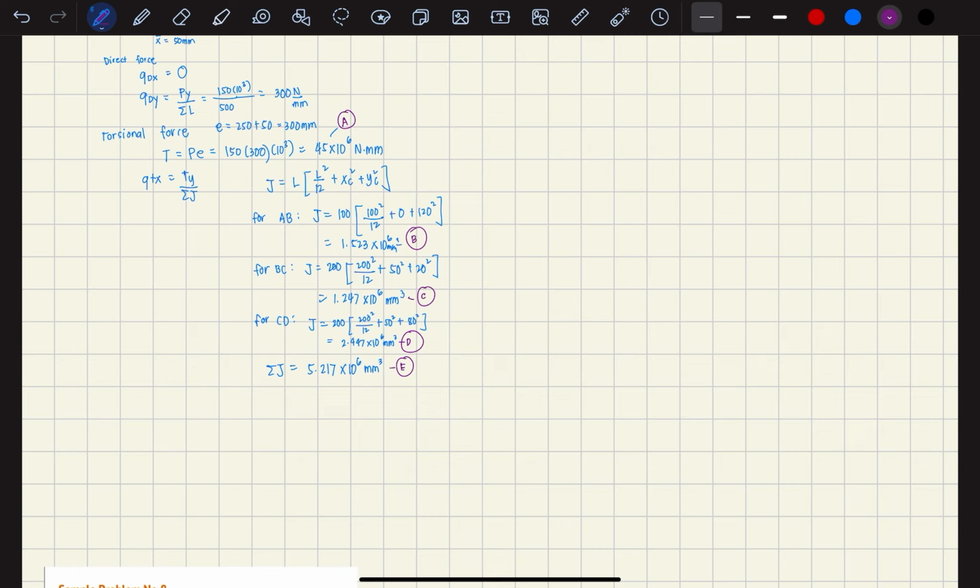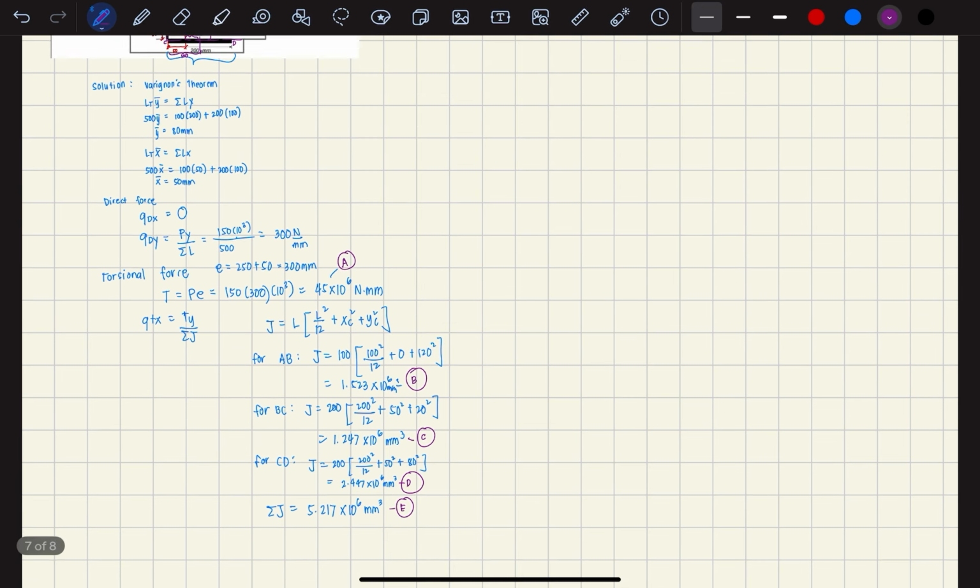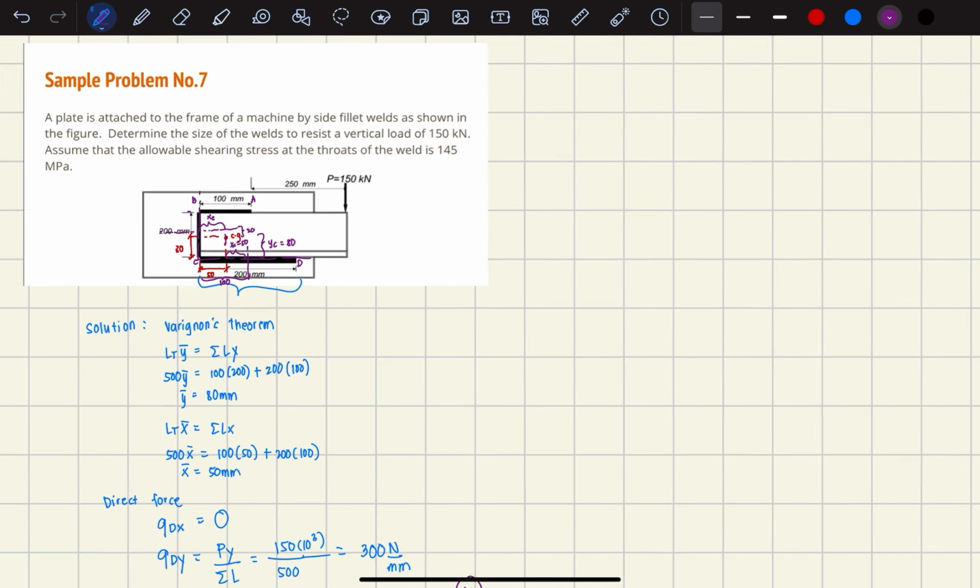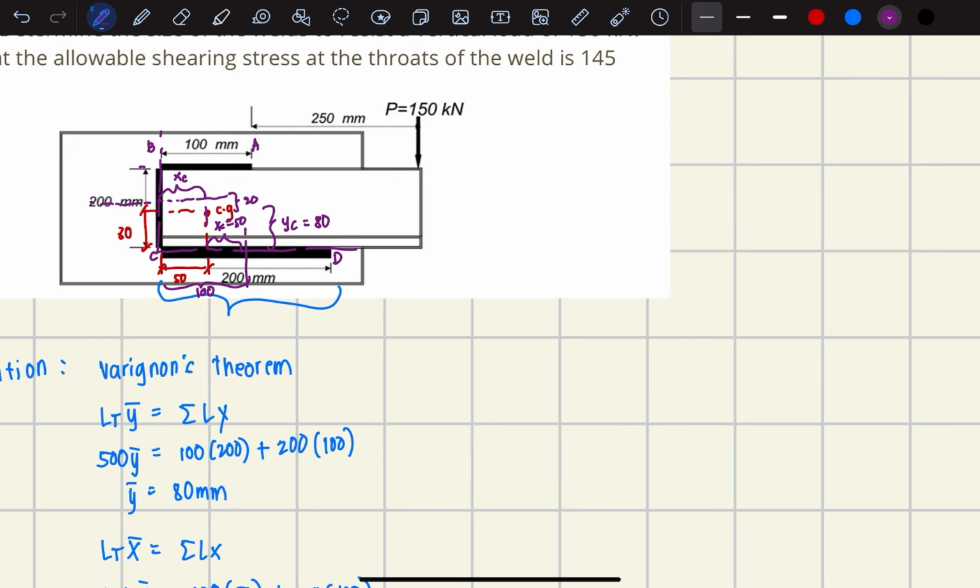Pero, bago natin yan masagutan, kailangan muna natin ma-determine kung alin dyan yung most critical na segment or edge. I mean, nasa edge yung moment.